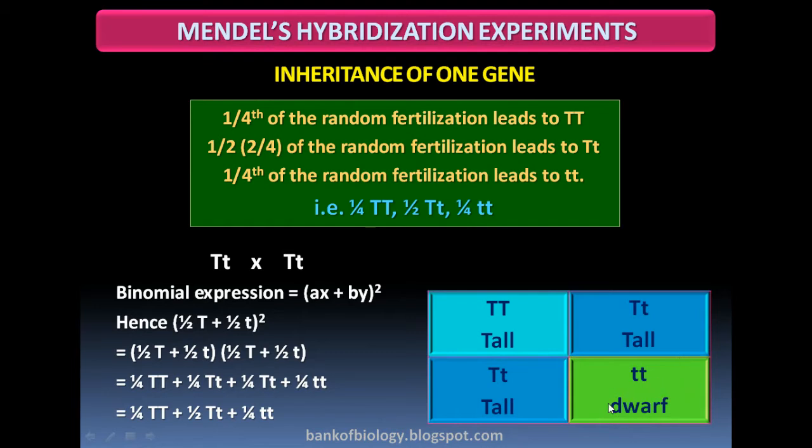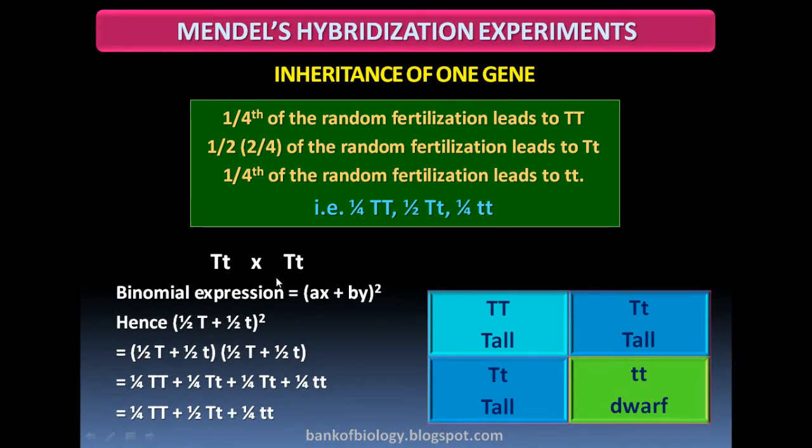It has to be known that the recessive character is expressed only in homozygous form. The dominant character can be expressed in heterozygous form, but the recessive character is expressed only in homozygous form.